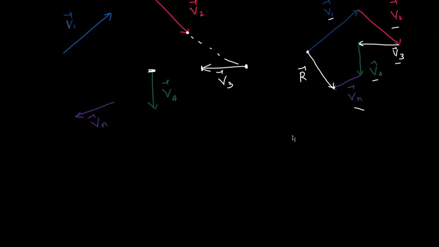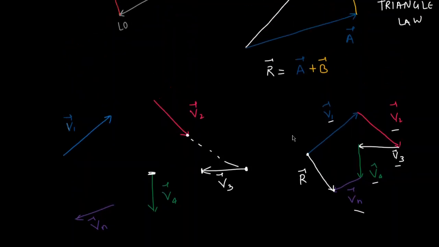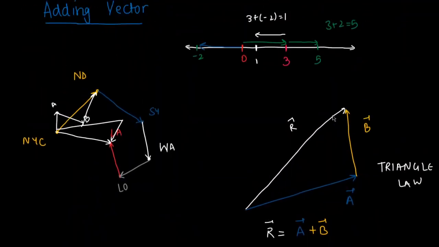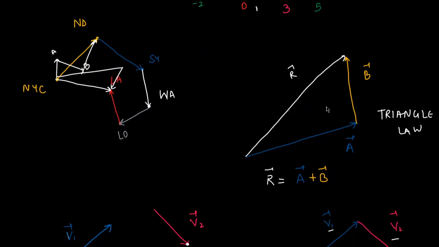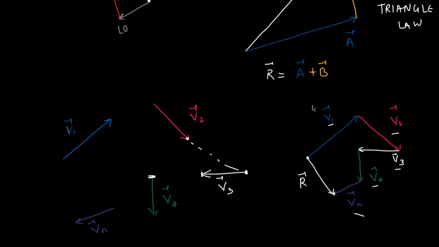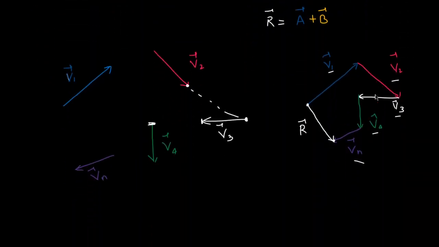And so this gives you an insight into how vectors really add. The key takeaway here is that vectors are just representing the difference between positions. As long as you keep in mind that fact, you really don't need to consider any path.